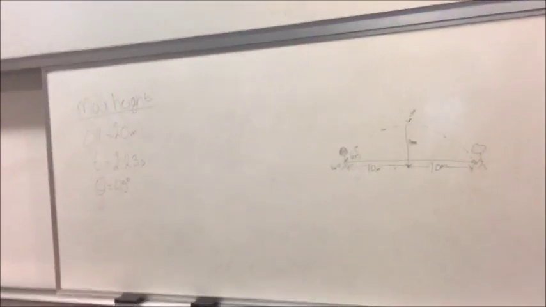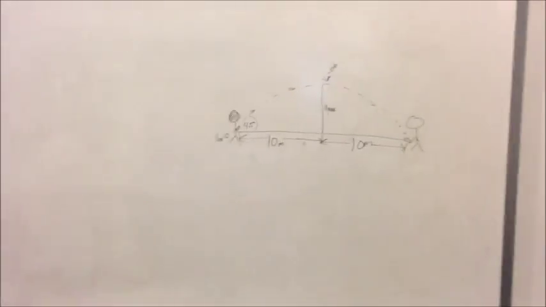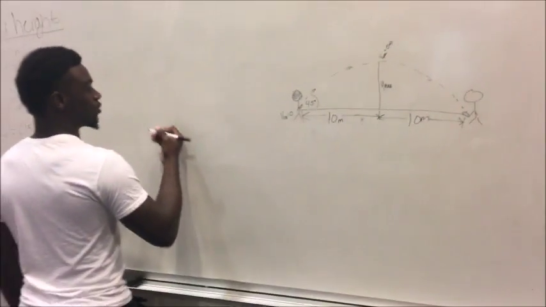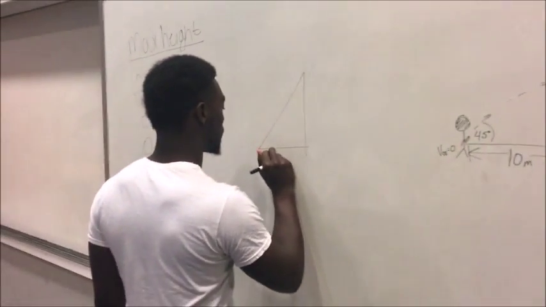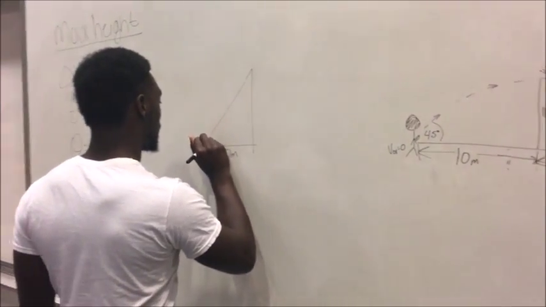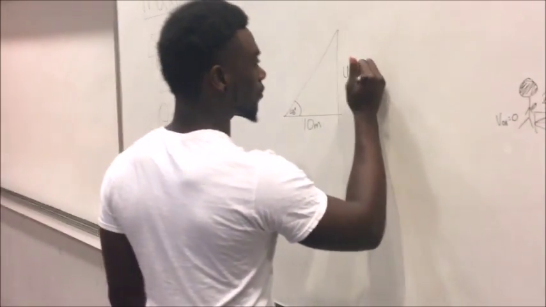Next, we're finding the max height at 20 meters. The distance of 20 meters in the x direction. So we're going to use the same triangle with the theta of 45. The total distance is cut in half because max height is half.